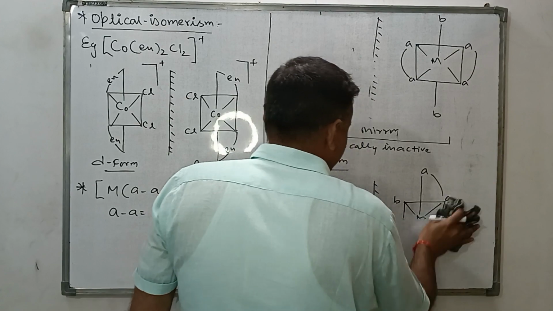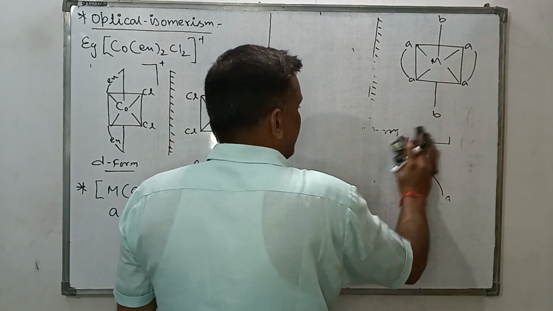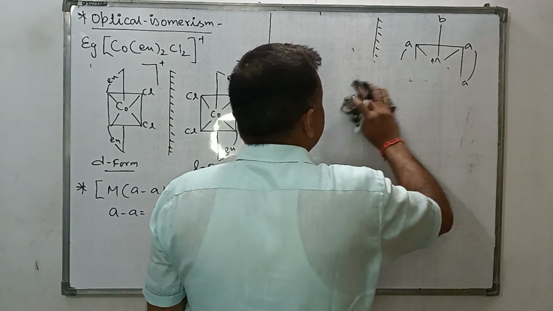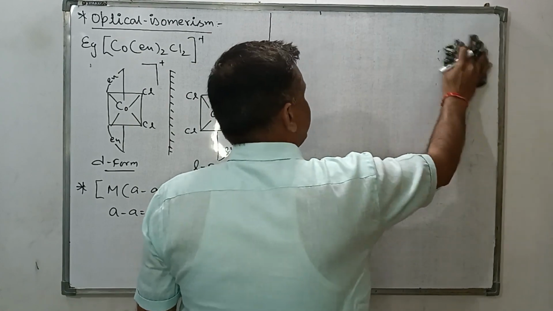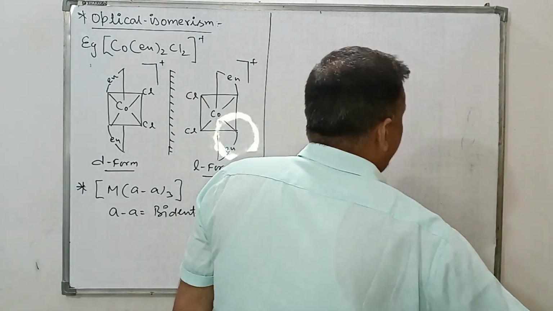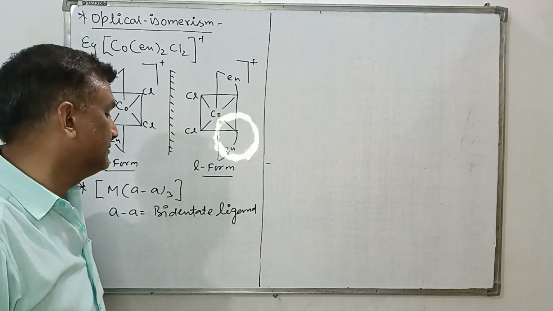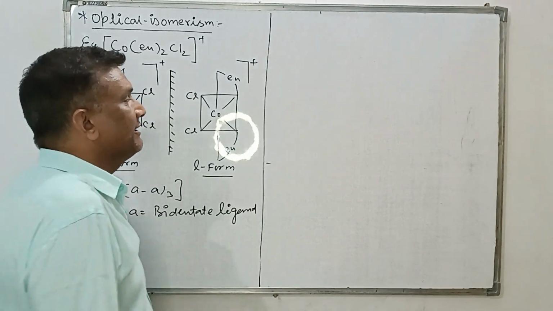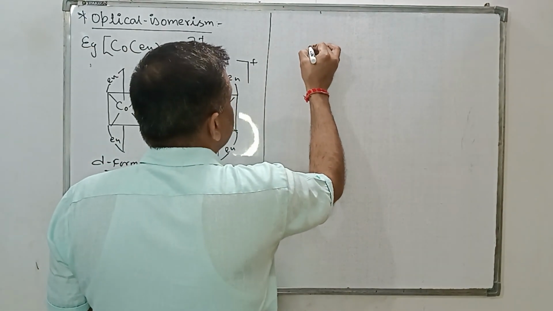And this is the entire part of optical isomerism and isomerism also. In the next video we'll go with bonding in complex compounds.